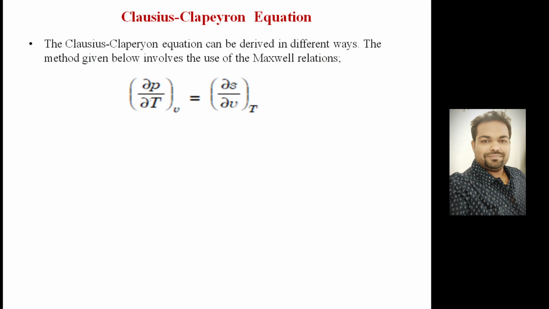So Clausius Clapeyron equation can be derived in different ways. Here I am giving you the simplest derivation, using the concept of the Maxwell relation that has already been derived. So from the Maxwell relation, dou P by dou T at constant volume is equal to dou S by dou V at constant temperature. This we know from the Maxwell relation.